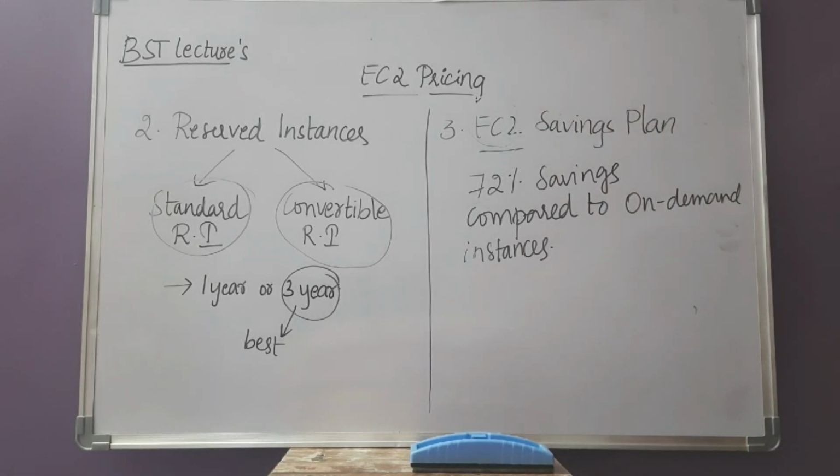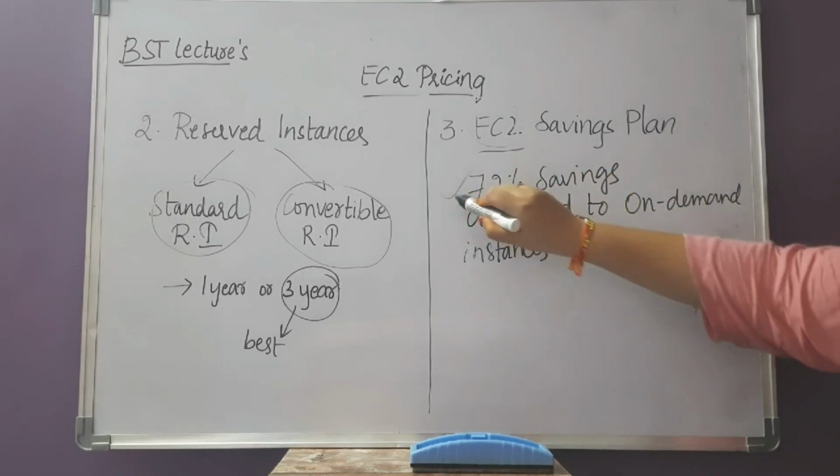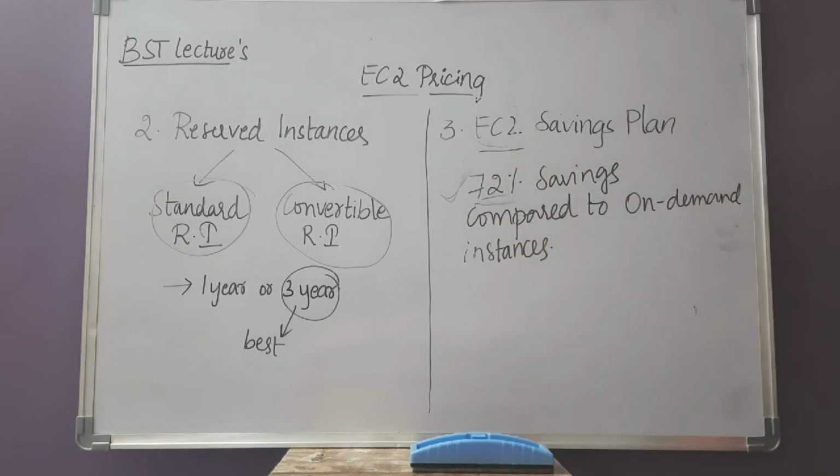EC2 Instance Savings Plan reduces your EC2 instance cost when you make an hourly spend commitment to an instance family and region for a 1 or 3 year term. This term commitment results in savings of up to 72% compared to on-demand. This is a very important point to be noted: 72% you can save while using this savings plan instead of on-demand instances.